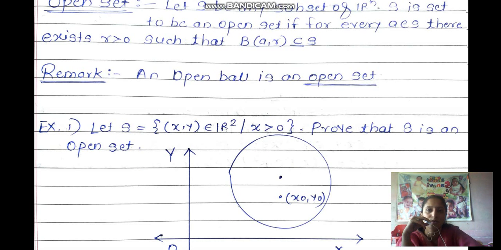Now the next one is the open set. Let S be any subset of Rn.